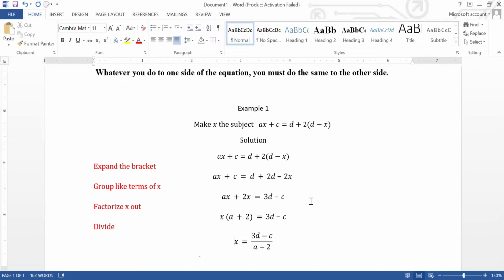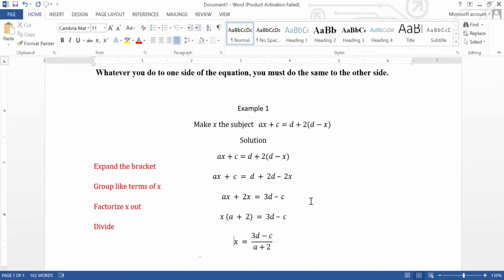So we have ax, and we bring the negative 2x over the equal sign, where it becomes positive, so we have ax plus 2x, then the c crosses to the other side, giving us 3d minus c. Remember that d adding to 2d gives us 3d, because 1 is standing in front of the d. So we have ax plus 2x equal to 3d minus c.